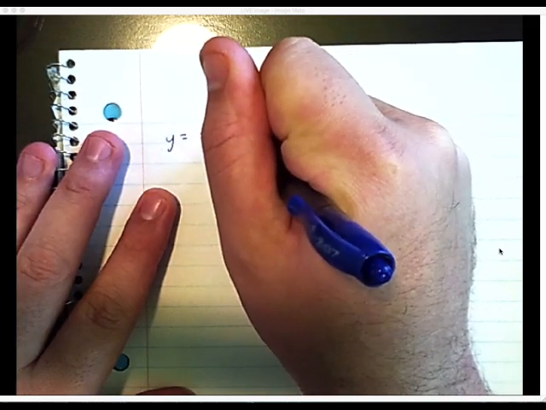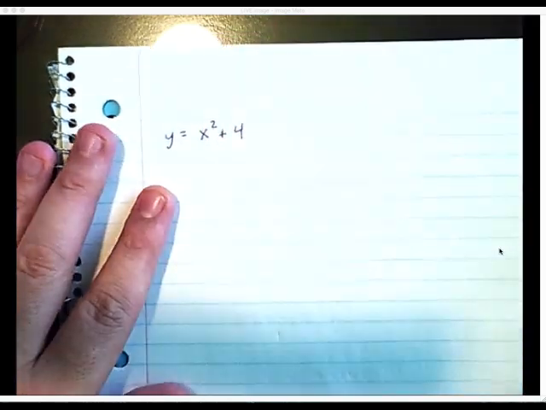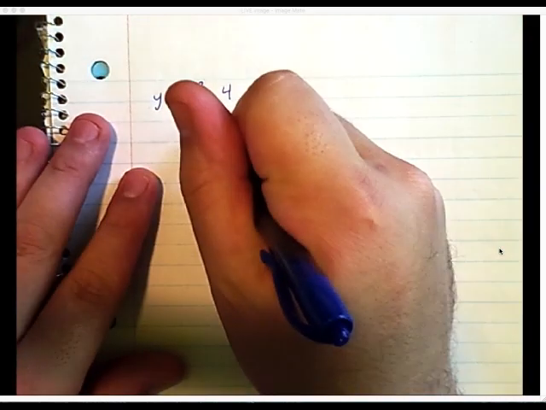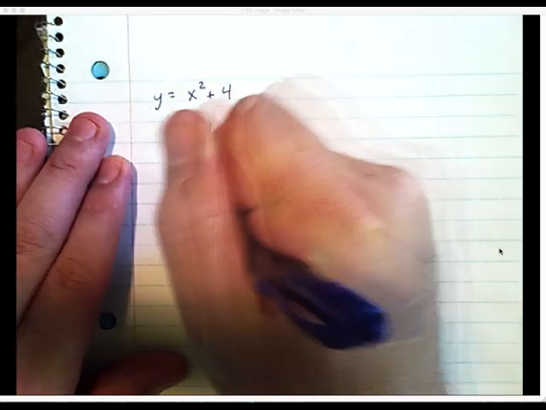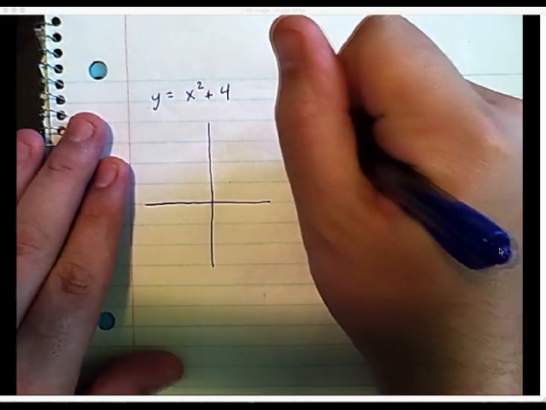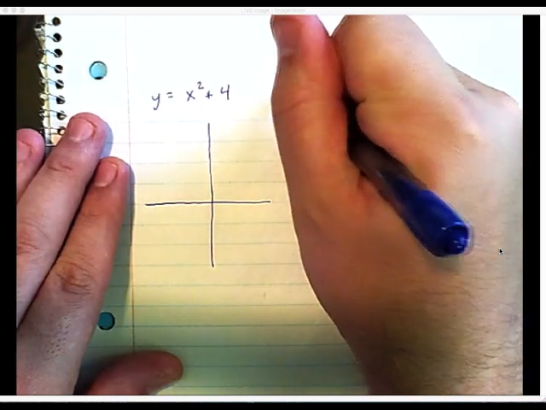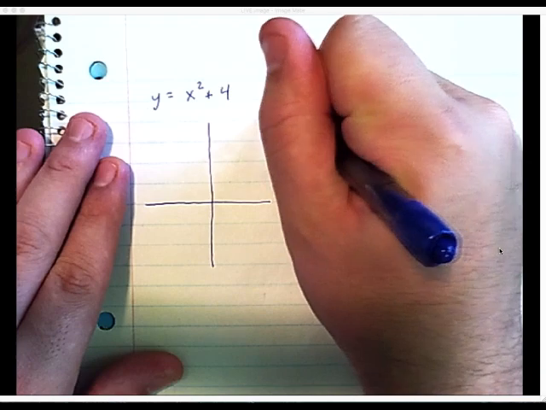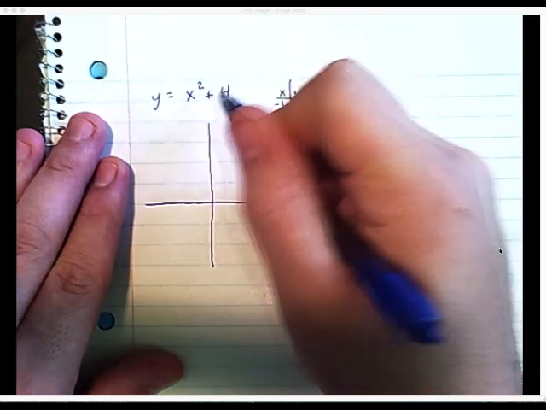x squared plus 4. Okay. If I graph this function, let's just make a table of values here, x, y. So for instance, if x is -1, -1 squared is 1, plus 4 is 5.